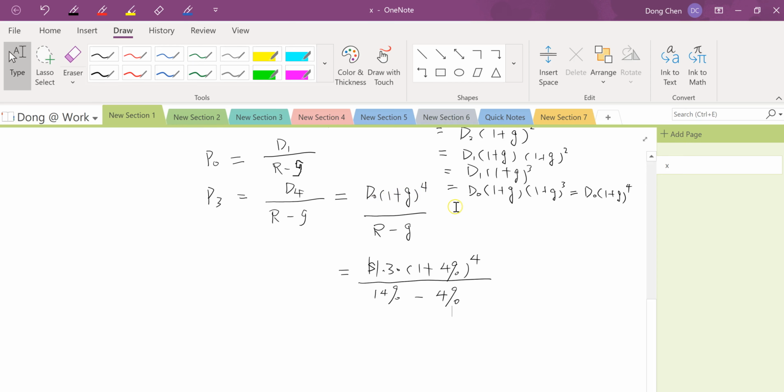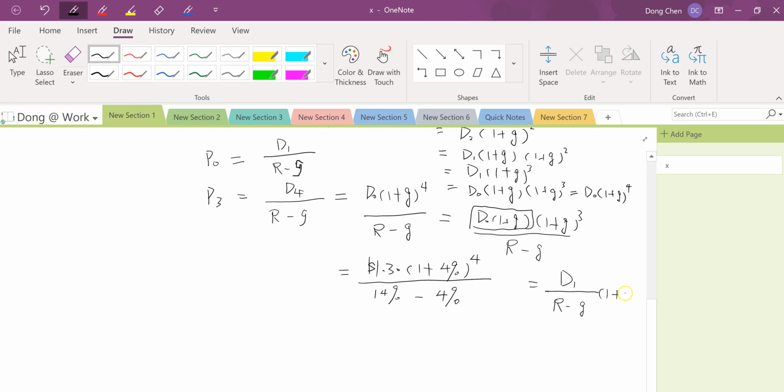And D0 times (1 plus g), so I can further write this as D0 times (1 plus g) and then (1 plus g) to the third power, over r minus g. Because D0 times (1 plus g), we know that's simply D1. So D1 over (r minus g) times (1 plus g) raised to the third power.